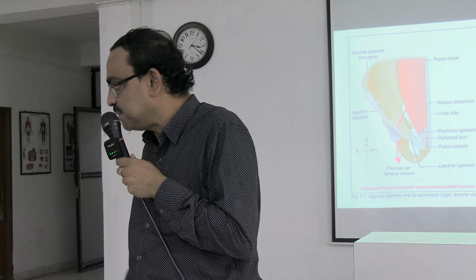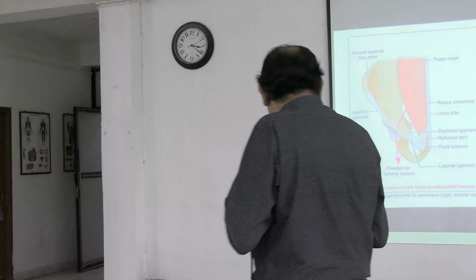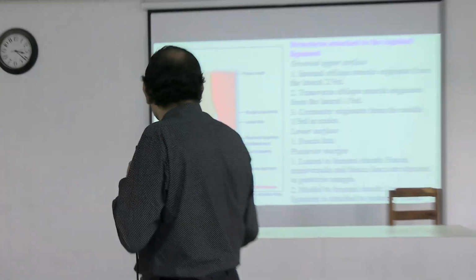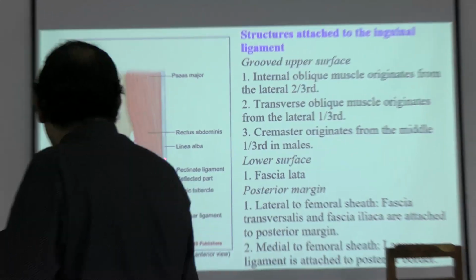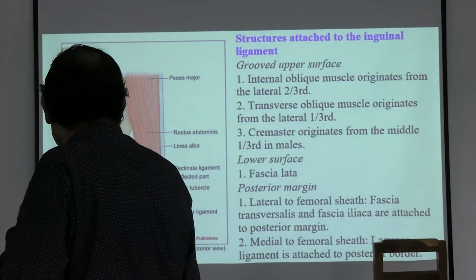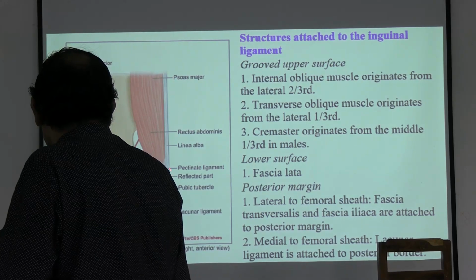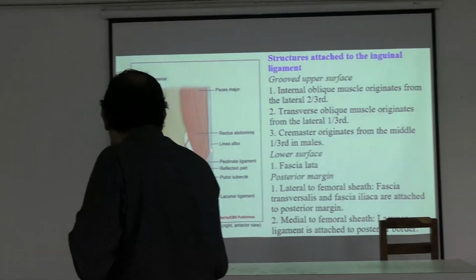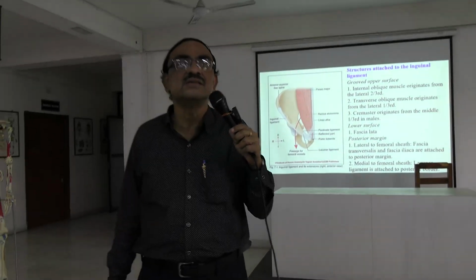In the lower part it becomes, and medially it becomes aponeurotic. And another part we can see from the inguinal ligament, one part is going medially to get its attachment at the midline. In the midline there is a white line. Alba means white.